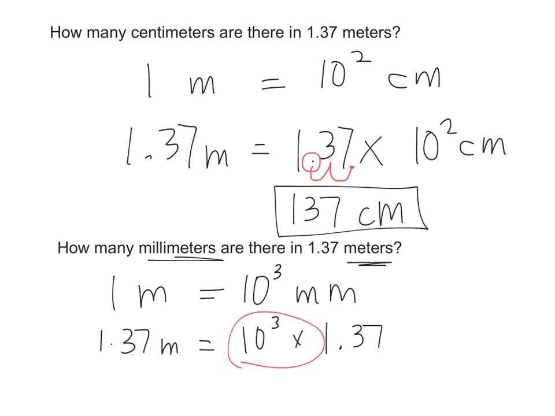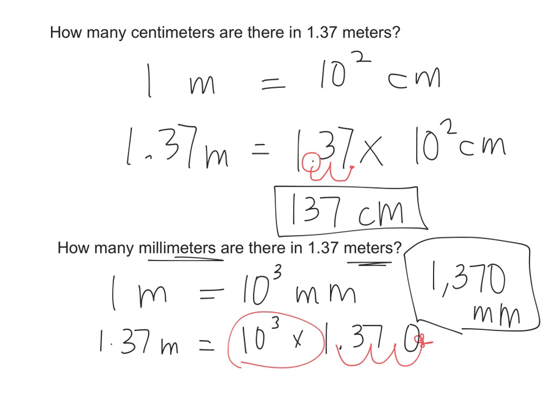Junbak? 3 spots to the right, yeah. So 1, 2, 3. And so how many millimeters are there in 1.37 meters? Itai? There's 1,370 millimeters. Good.